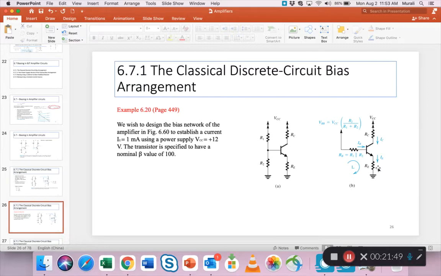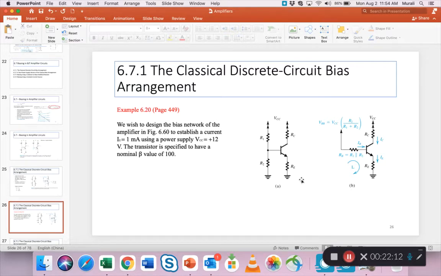Then you have to design R1 and R2. So he picks a voltage divider current as 0.1 times IE, so you get that to be 0.1 milliamps.